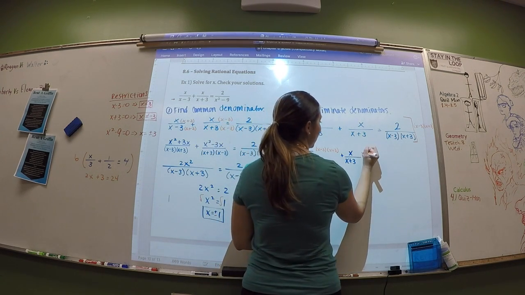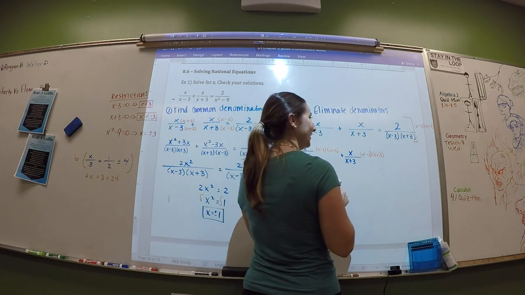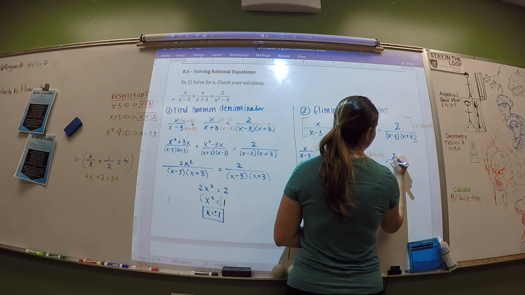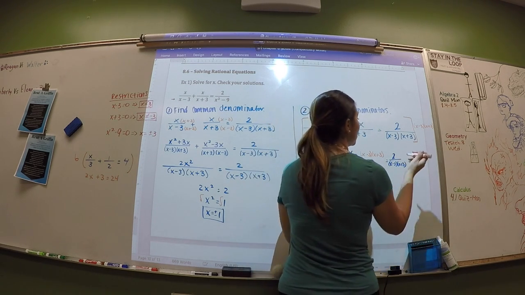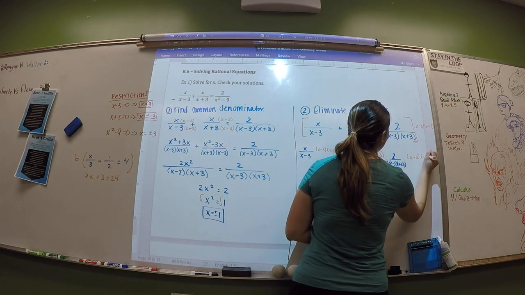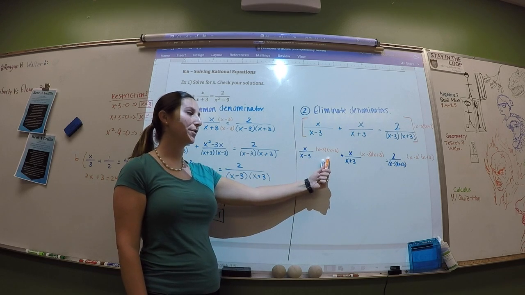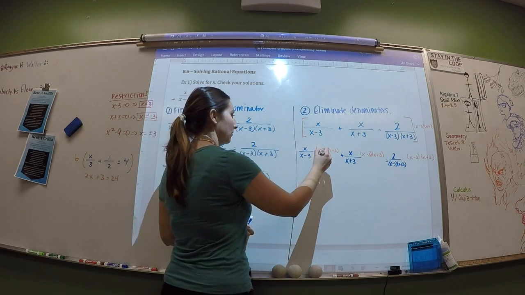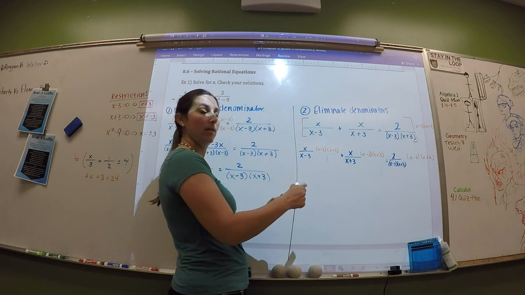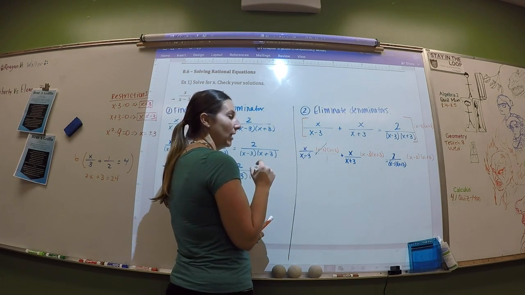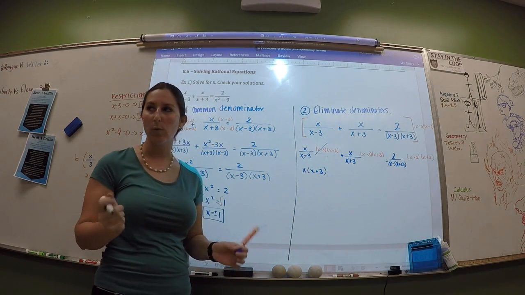And so then, same thing here. We'll multiply this by x minus 3, x plus 3. And then here we have 2 over these guys times x minus 3, x plus 3. Okay, so if you just take a look at this first fraction, the x minus 3 cancels, and you're left with x times x plus 3 over 1.